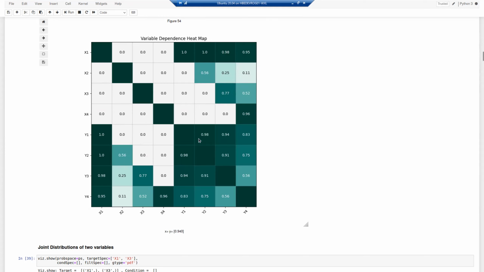So there's a dependence between all the y variables as well as between the x and the y variables. And that's because the y variables have x components in them. And specifically, x1 is in all four y variables.